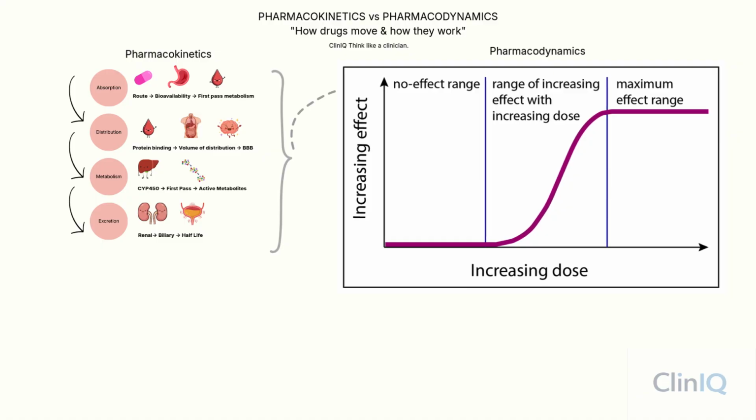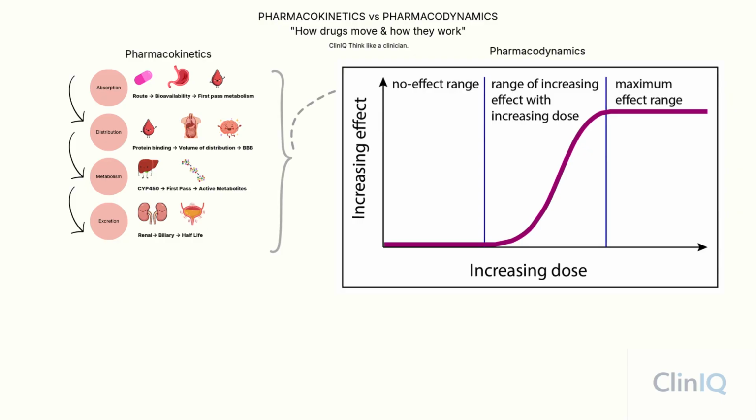EC50 refers to the concentration of drug that's required to reach 50% of the drug's maximal effect. And the lower the EC50 is, the more potent the drug. So you can think of EC50 as how much do I need before this drug reliably works halfway? To make it more clinical, we'll consider two different drugs that raise blood pressure.